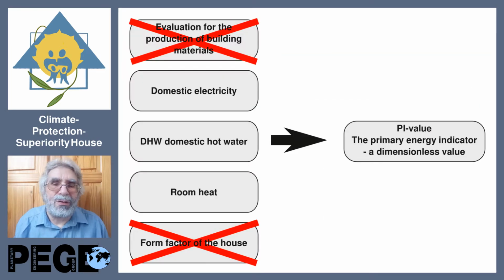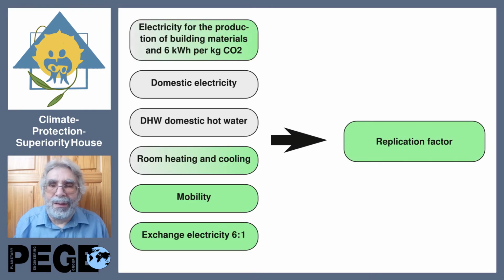So the next is we have to eliminate the form factor of the house, because this makes the result without any dimension. And now we have our new calculation system. Electricity for the production of building materials and 6 kilowatt hours per kilo CO2 emissions.